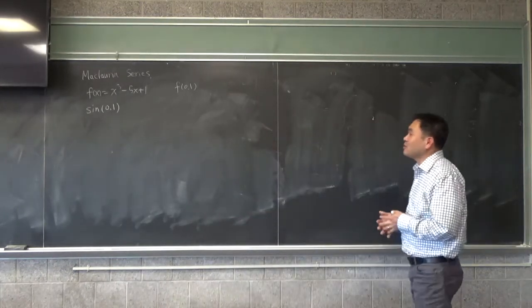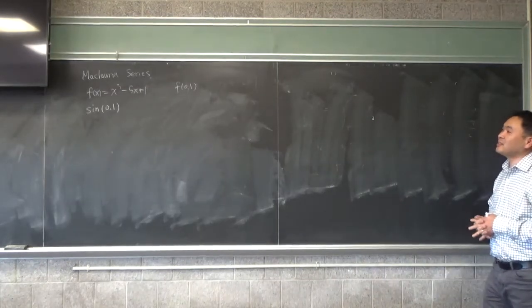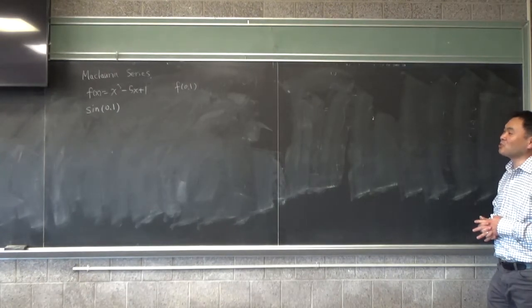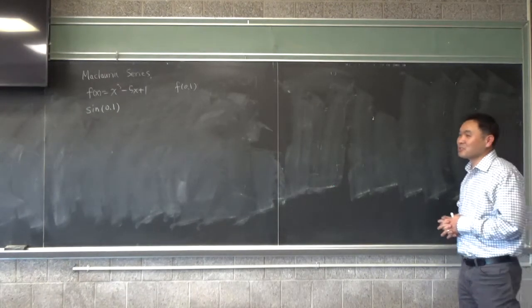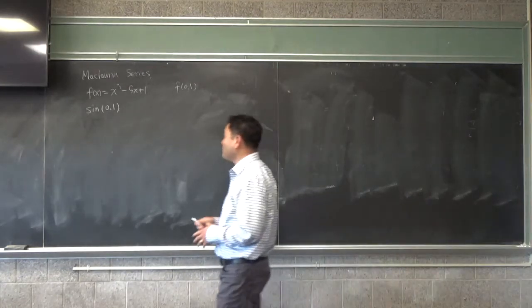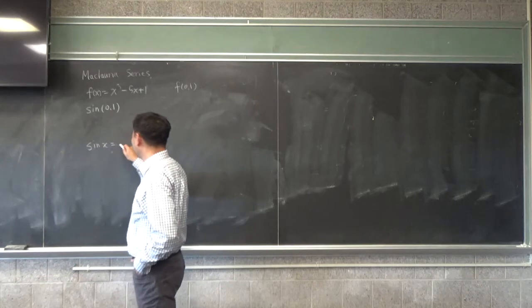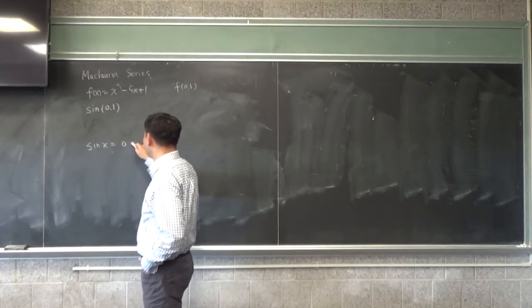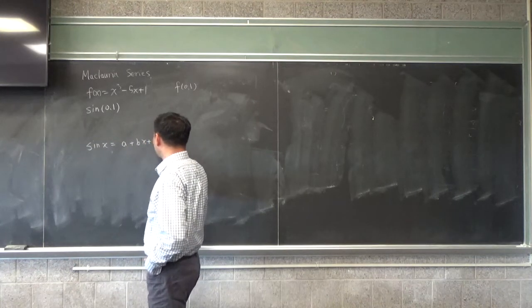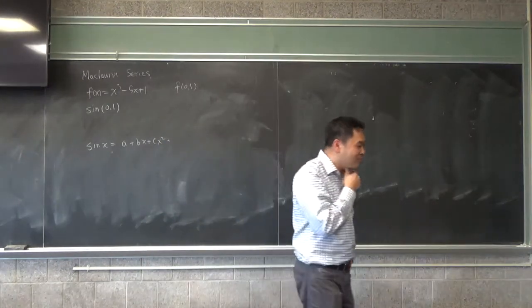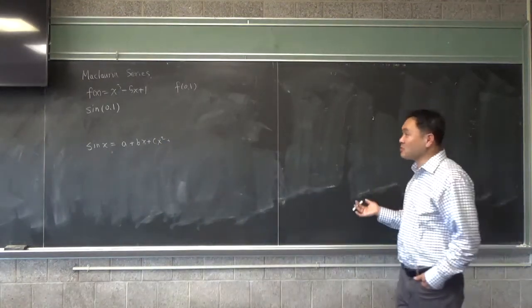All right, so here's an idea. Some bold individual started thinking, well, maybe sine is a polynomial. Some polynomial like this one, right? And this was not even a single person.